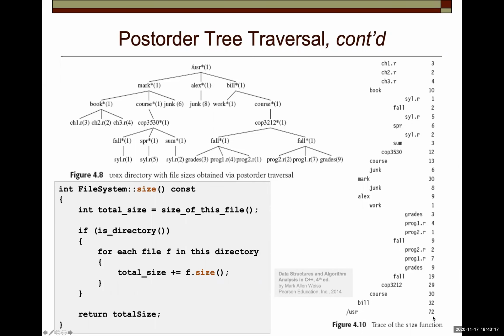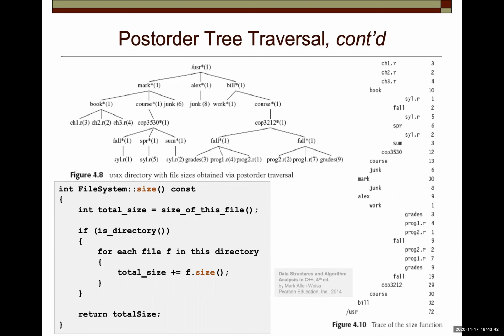So this is a post-order traversal because we have to calculate the sizes of the children first, and that's done recursively, and then we add the sizes of all our children to our own size, and then that sum is rolled up higher in the tree.